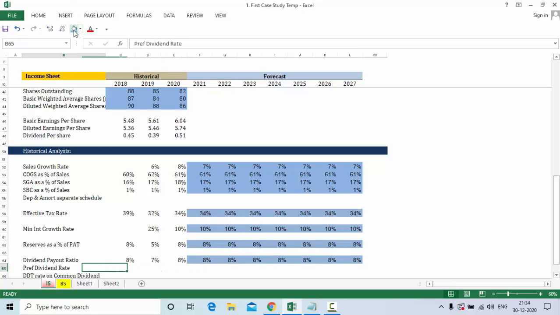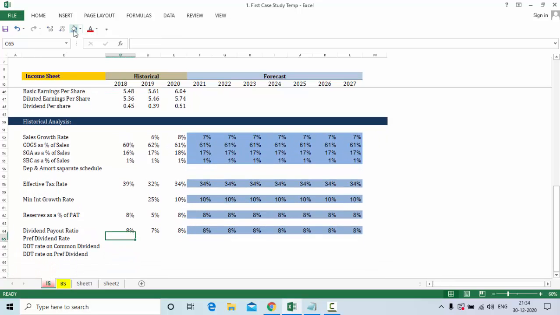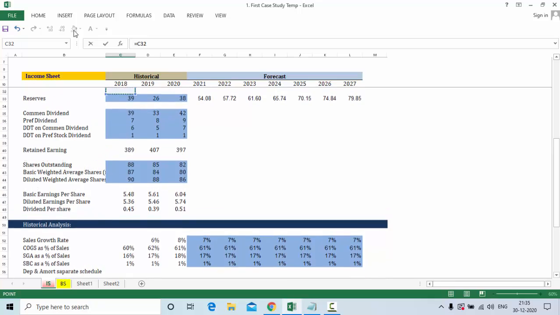Do the same thing with preference dividend rate also. But in case of preference dividend, it will be forecasted as a percentage of preference stock. It will not be taken as a percentage of profit. So let's come above, preference dividend divided by preference stock.